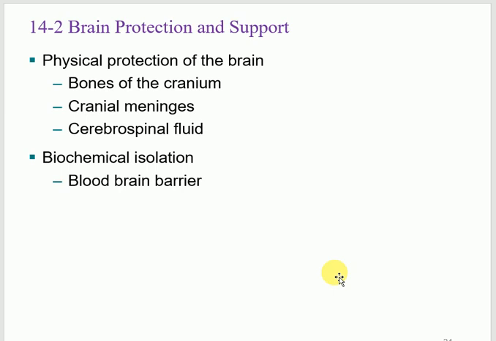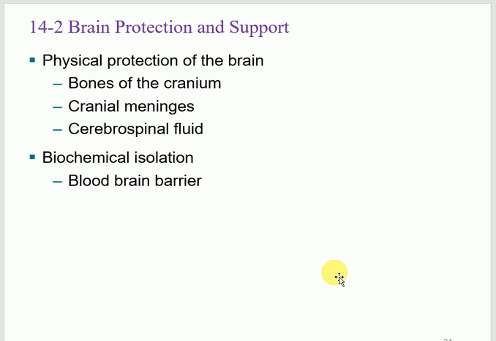Do you guys remember the subarachnoid space? What was the importance of the subarachnoid space? If you have a question like this, not the epidural, the subarachnoid. I told you one thing important about each one of those.